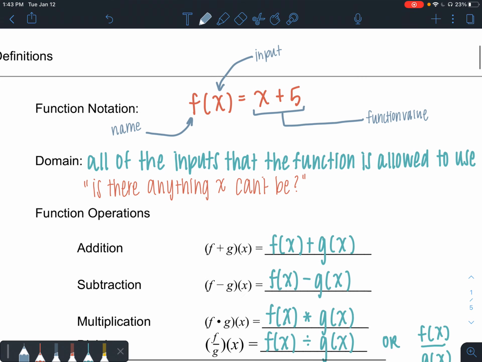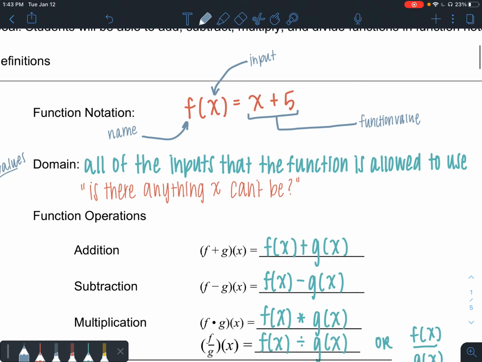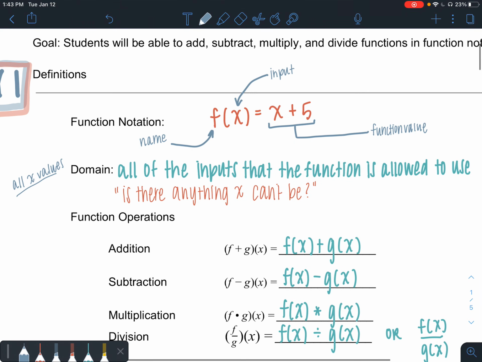So usually we talk about domain as all of the x values, which is still true. However, we're going to write a new definition down. We want to say that domain is all of the inputs that the function is allowed to use. When we ask ourselves about domain, we ask, is there anything that x can't be?